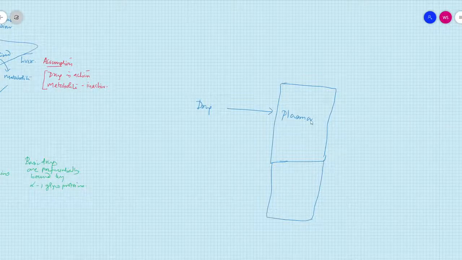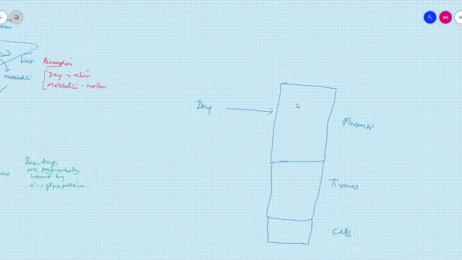So let's write it here. This is the plasma, and it enters into the tissues, and it can enter into the cells.